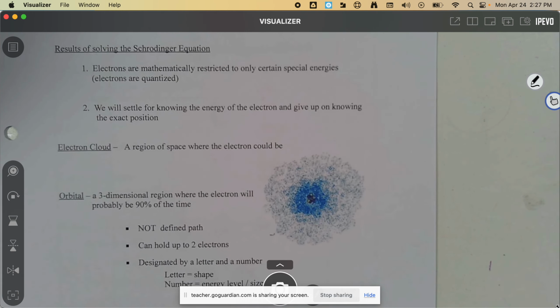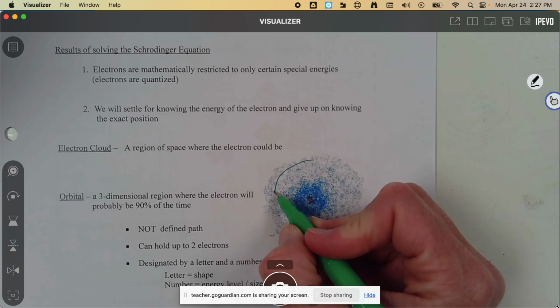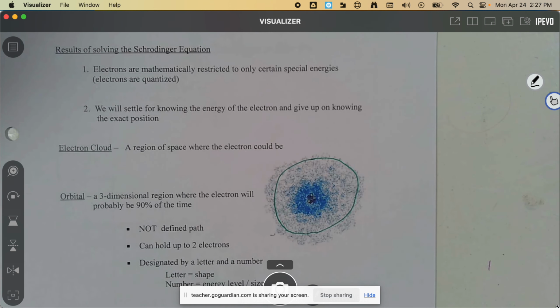So in the end, what we decide to settle for is having an electron cloud, a region of space where the electron could be, and defining an orbital to be 90% of the places that it could be, or where it is most likely to be 90% of the time.